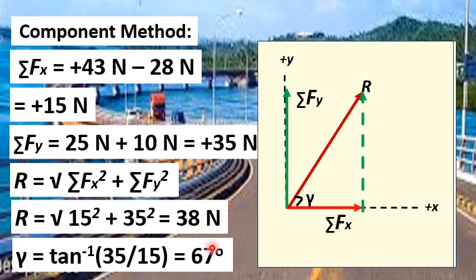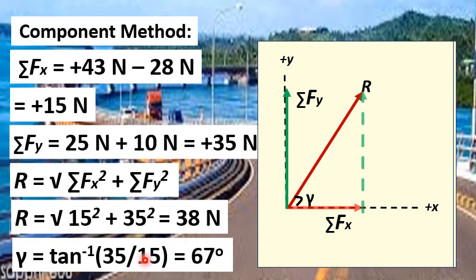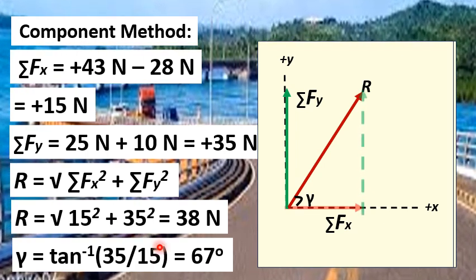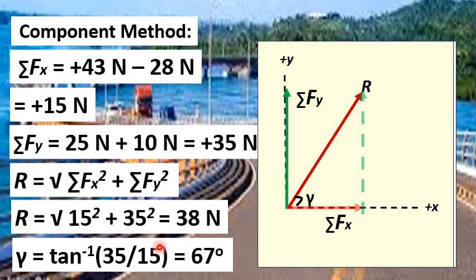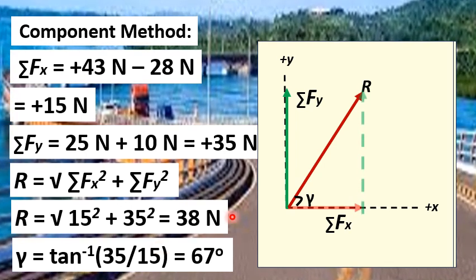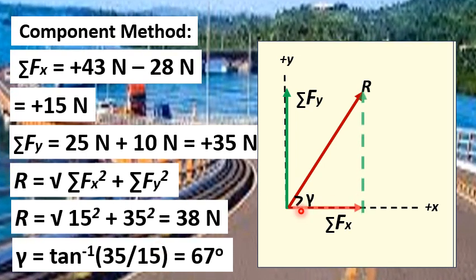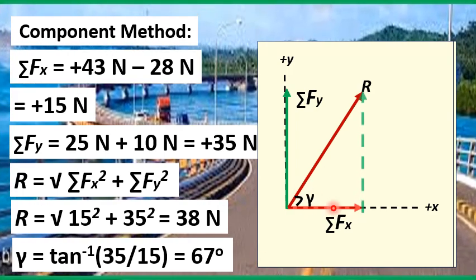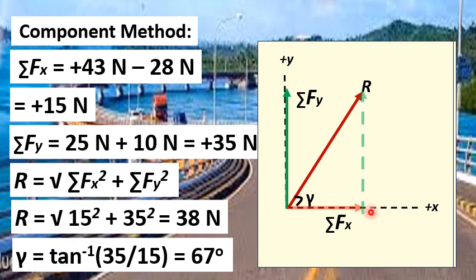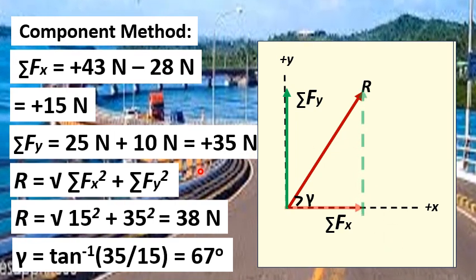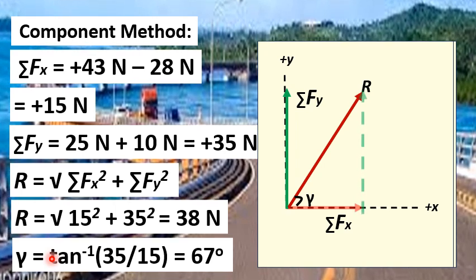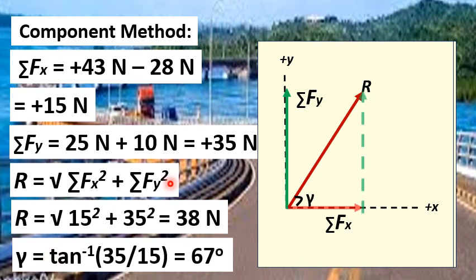And 15 newtons represents the summation of Fx, which happens to be the adjacent side of the angle gamma. So opposite divided by adjacent, that's the reason why we use tangent as the function.